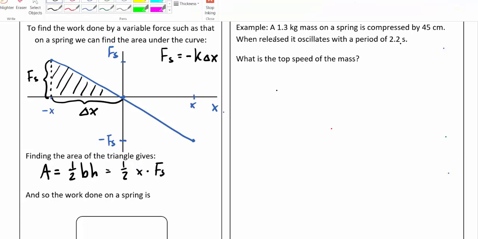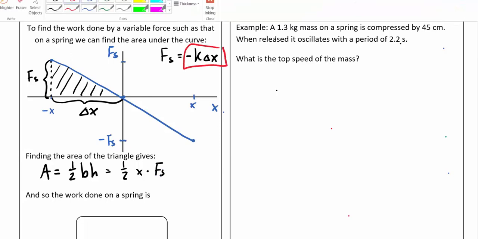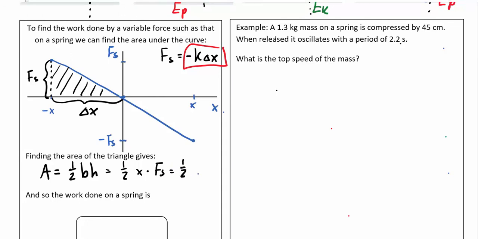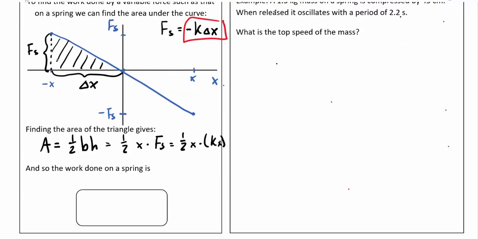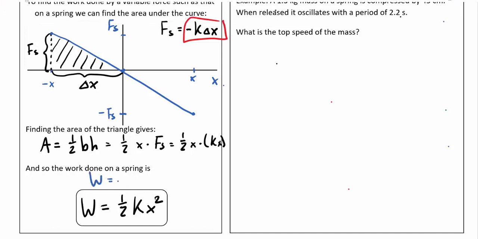But we know that spring force is equal to kx, so this just becomes 1/2 x times kx. And so this area under this graph here really represents the energy stored in the spring. And so the work done on a spring is going to equal 1/2 kx squared. And a reminder that work is really just any change in energy, whether that's potential or kinetic.